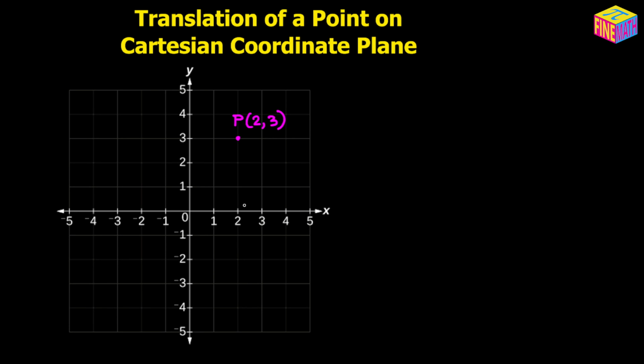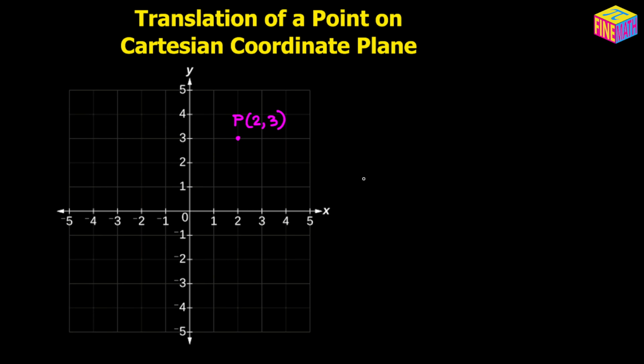Because I am moving it up, the y-coordinate will increase. That means I am changing its position up by 1 more unit in the positive y-axis direction. So the coordinate of the point will become 2, 4.